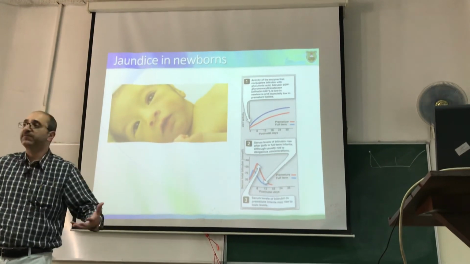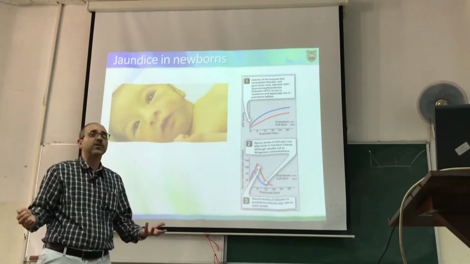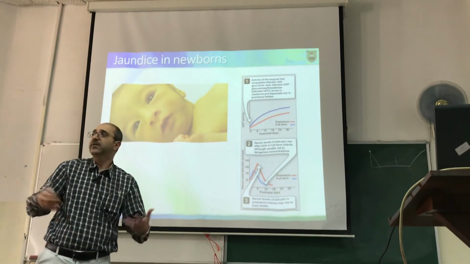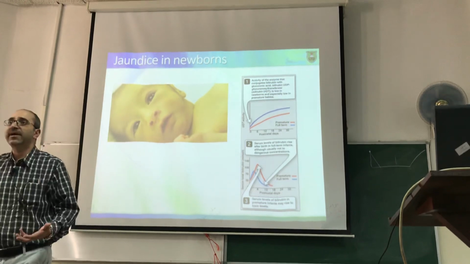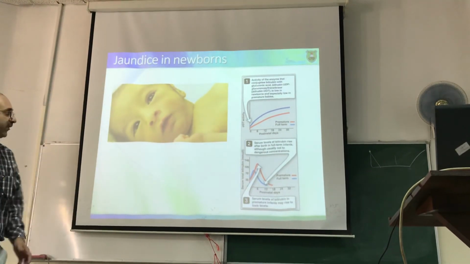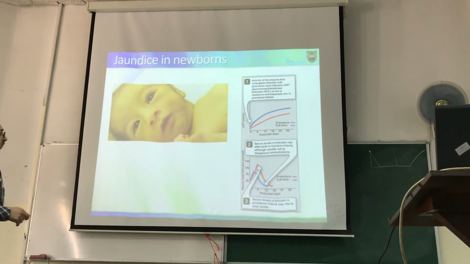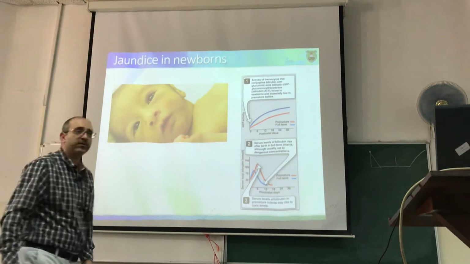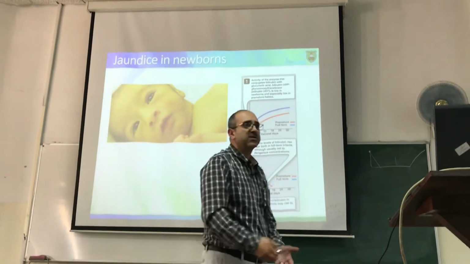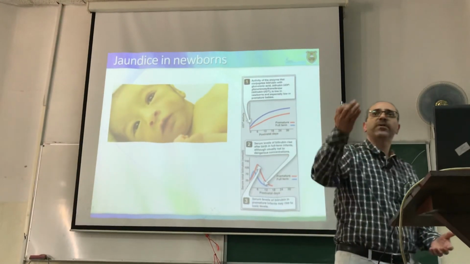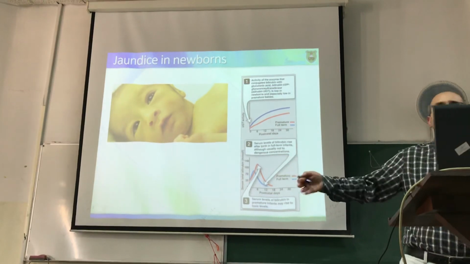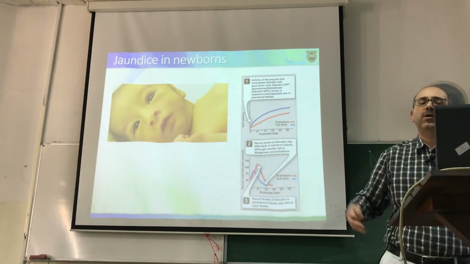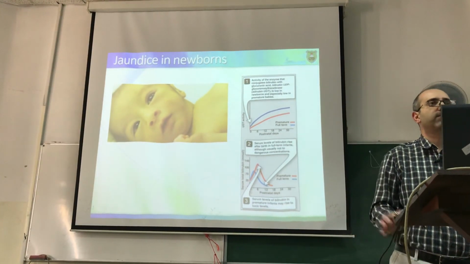If you have bilirubin in blood, it can cross the blood-brain barrier, and that causes neurological damage. So this is a serious condition, and the level of bilirubin also increases in blood. Of course, you know what the treatment is. Just expose them to blue light, because that breaks up bilirubin, making it into a more hydrophilic molecule.